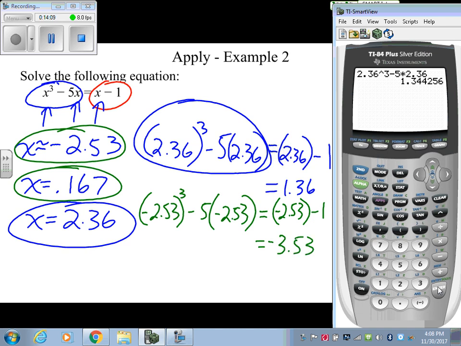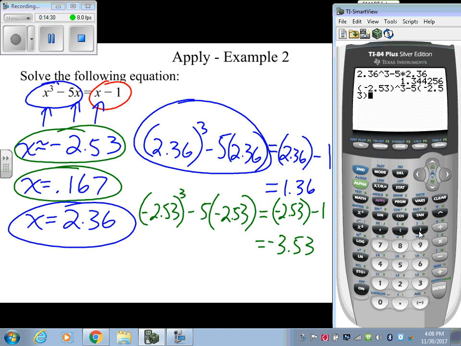Once again, these were rounded values, so I'm not expecting to get exactly the same thing, but I should get very close to it. So I take my negative 2.53, taking it to the third power, minus 5 times negative 2.53. Close my parentheses.